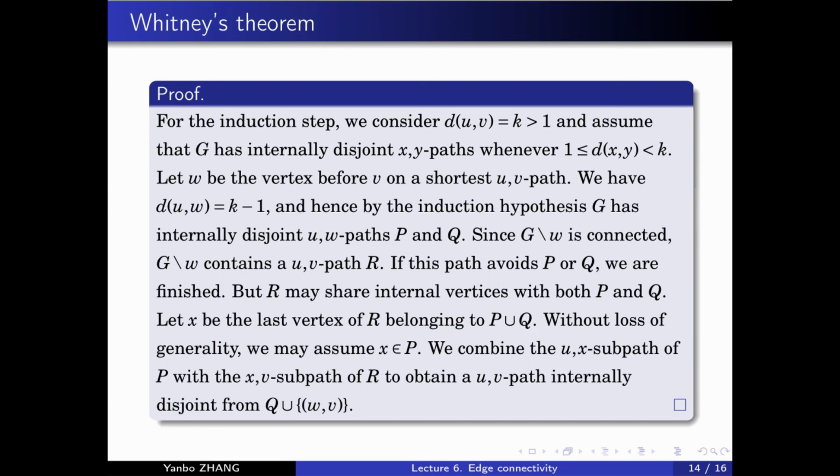So we let w be the vertex before v on a shortest u-v path. We have d(u,w) equals k minus 1, the distance between u and w equals k minus 1. And hence, by the induction hypothesis, G has internally disjoint u-w paths P and Q.